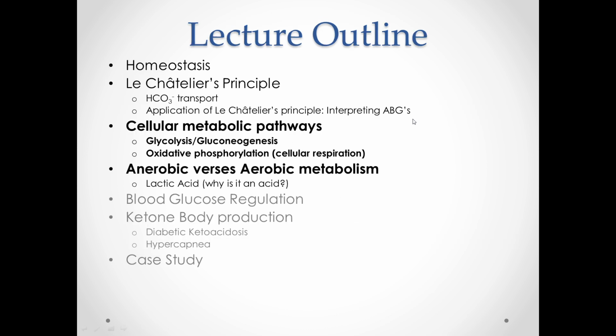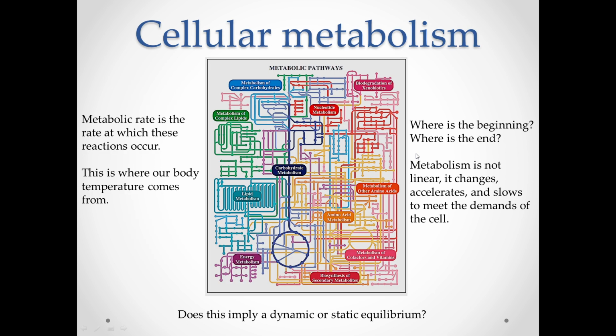So what we just covered is Le Chatelier's principle and applications of Le Chatelier's principle in determining ABGs. Now we're going to discuss cellular metabolic pathways. In this slide, what you see in this picture is a depiction of most of the metabolic pathways that we know about.